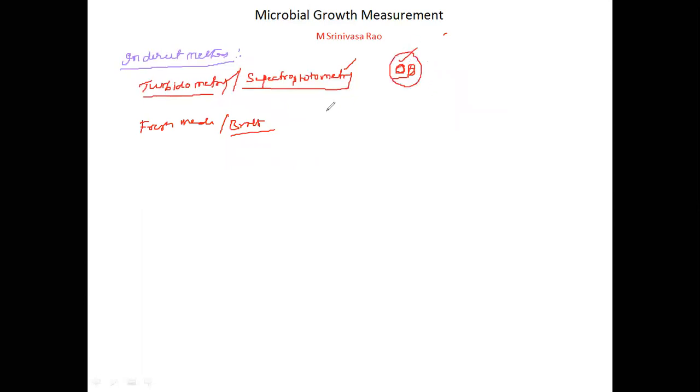By observing the optical density, we can measure the growth of microorganisms. These methods are very important in industrial applications. And the next one is dry weight estimation.